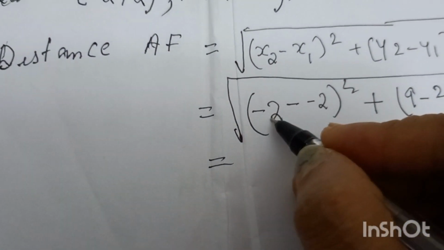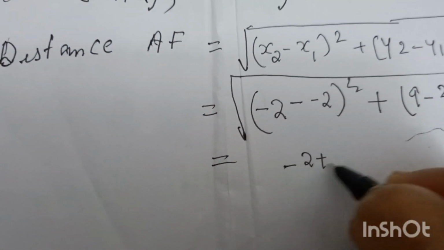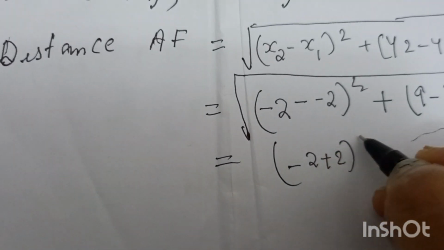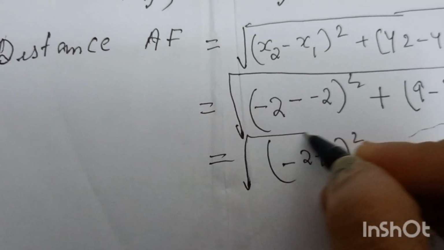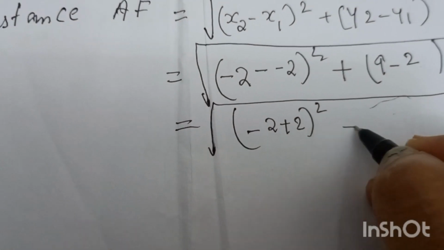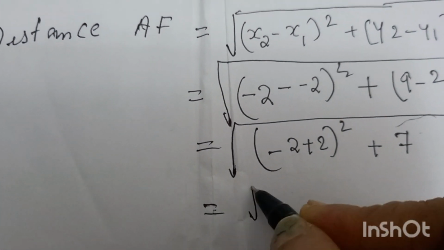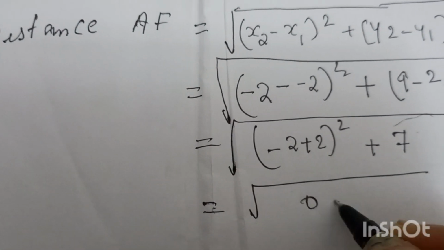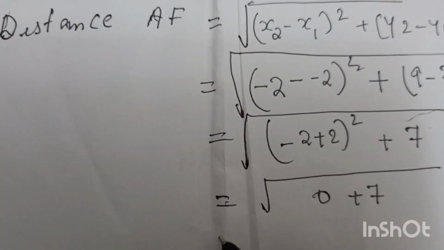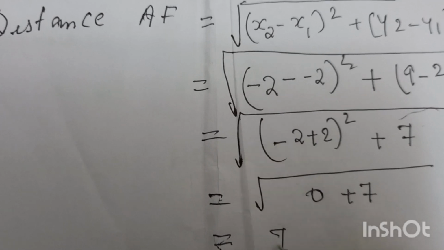So minus 2 plus 2 the whole square, under root, 9 minus 2 is equal to 7. This is equal to 0 plus 7, which is equal to 7 units.